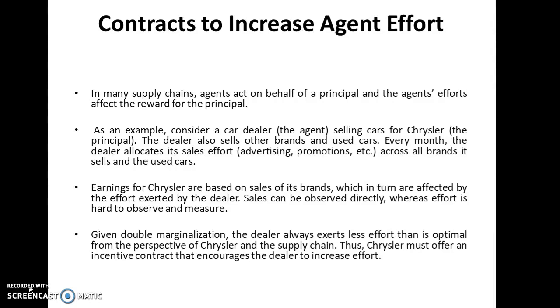The dealer actually puts effort into selling the particular brand, but his effort is applicable for all kinds of brands. So if Chrysler wants to increase their sales, Chrysler must offer an incentive contract that encourages the dealer to increase the effort for the Chrysler brand.